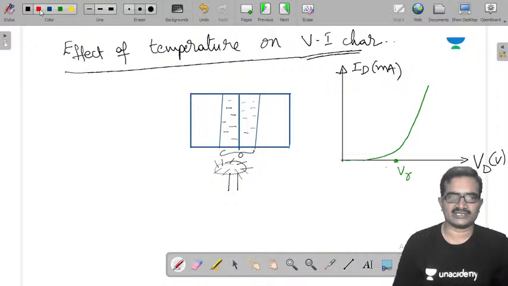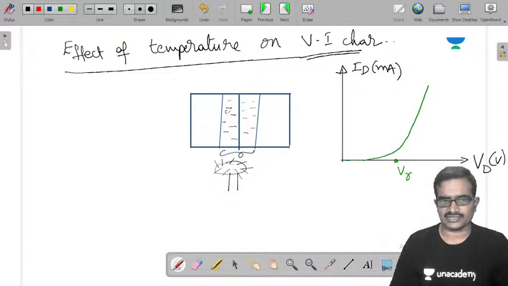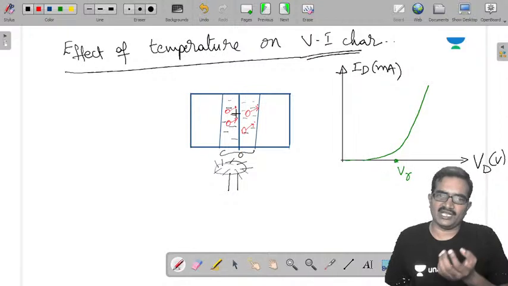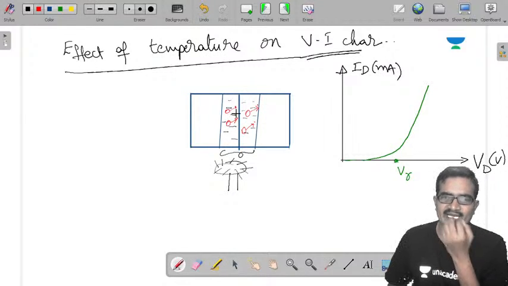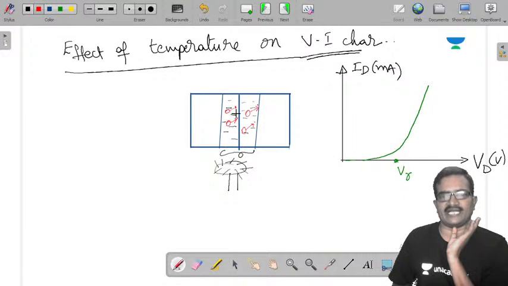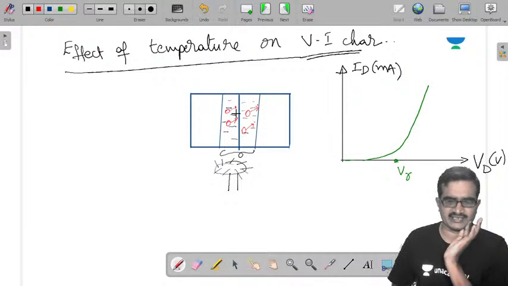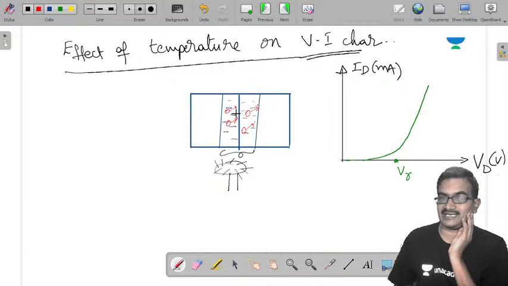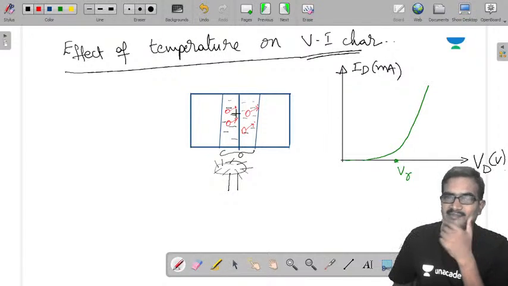Once covalent bonds start breaking, electron hole pairs are generated. Initially we call it a depletion region because it is depleted of charge carriers, that means there is no charge carrier in it. But now charge carriers are introduced due to the increase in temperature, so you can't say that is a depletion region anymore.